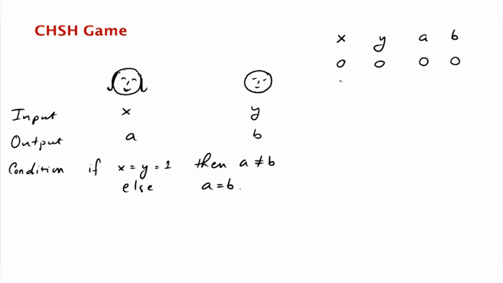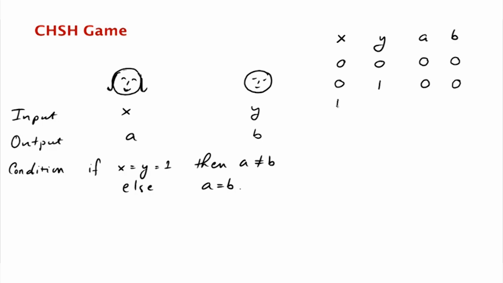Now what about if the inputs were 0 and 1? Now Alice sees the same input. She has no idea what Bob's input is, so she must output the same thing. So she outputs a 0. But now what must Bob answer? Well, he's supposed to answer with a matching bit. B should be equal to A, so he must output 0.